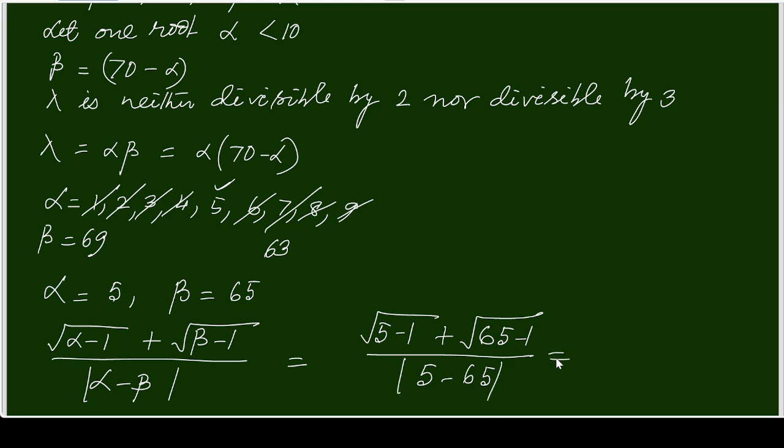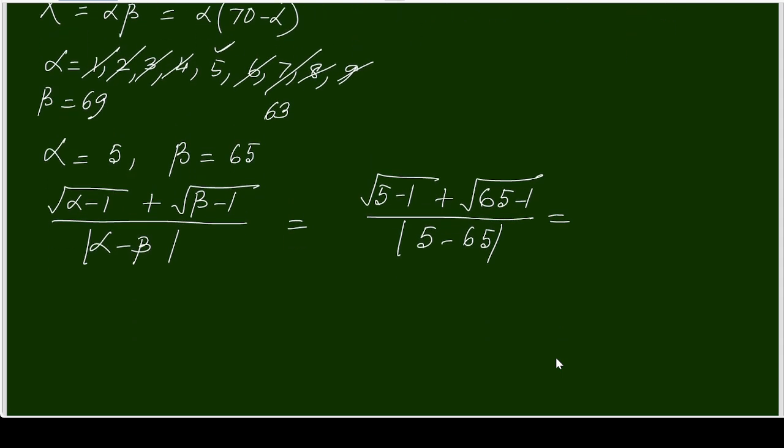I am making you a clear detailed solution, so I am taking time. If it is an entrance examination, you will be very quick, very fast. It will be 60, so it will be 10 by 60. So the answer is 1 over 6.